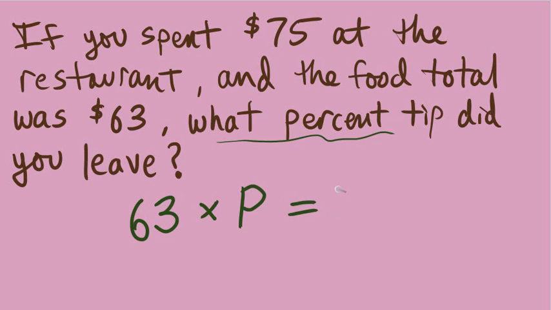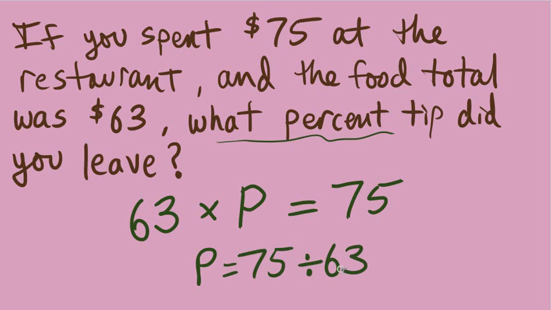And I know that the result of this calculation is the $75 total spent at the restaurant. So we're looking at another instance where we need to divide. We have a multiplication with an unknown. To find that unknown, we'll do a divide. 75 divided by 63. As a result, I get approximately 1.19.